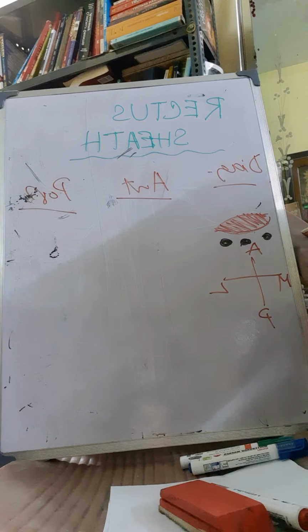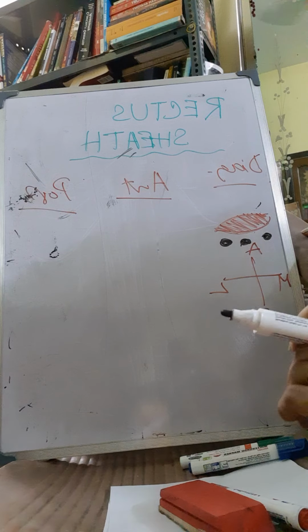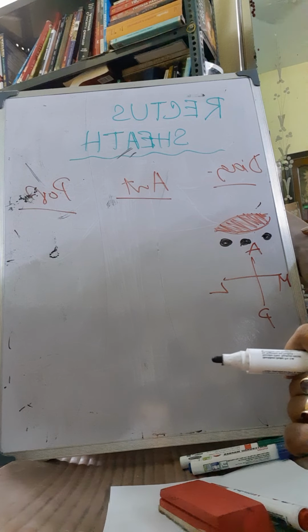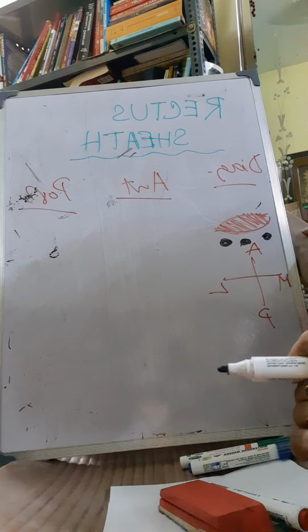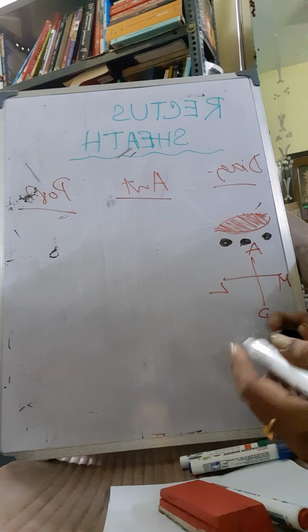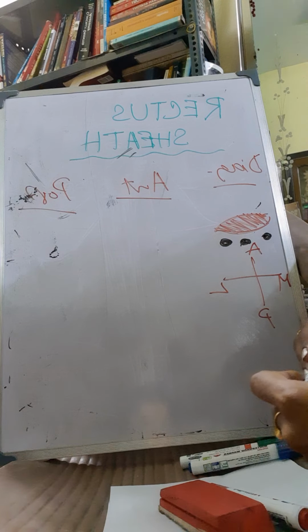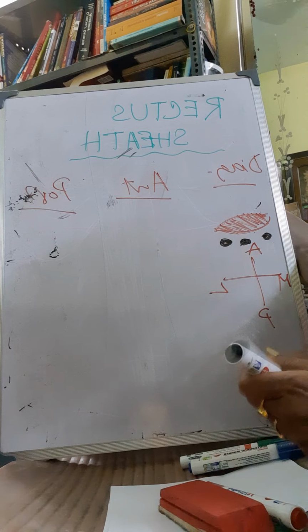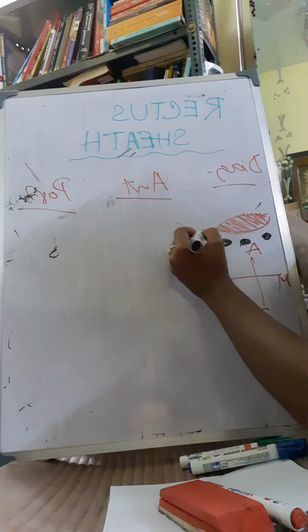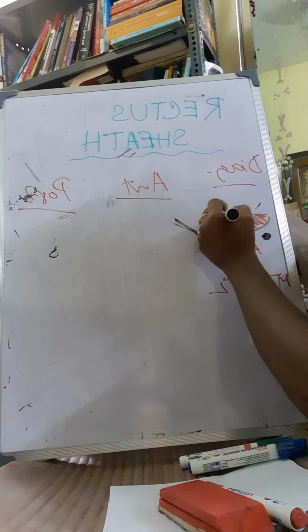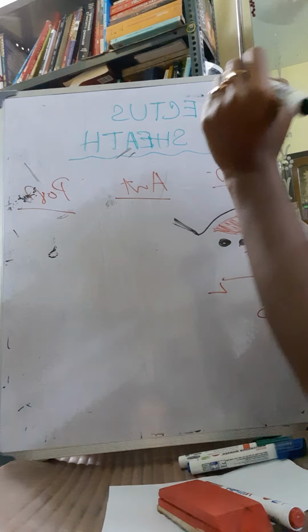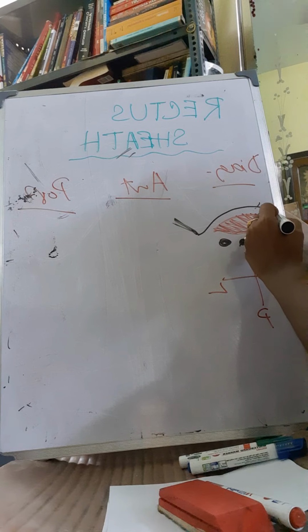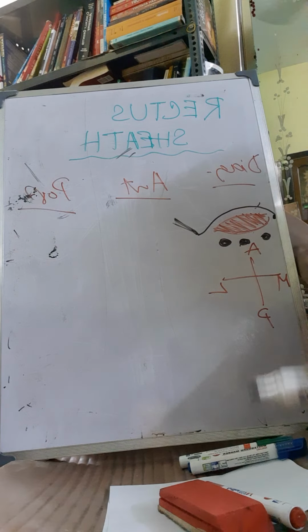Here the posterior wall is deficient, but what about the anterior wall of the rectus sheath? The anterior wall is thin here, and this is formed solely by the aponeurosis of the external oblique muscle. So, suppose this is the external oblique muscle and this is the aponeurosis. This is going like this, and this is the portion which is the linea alba.